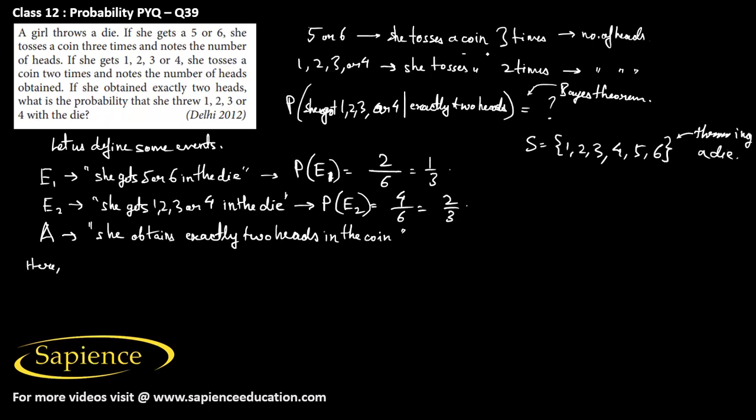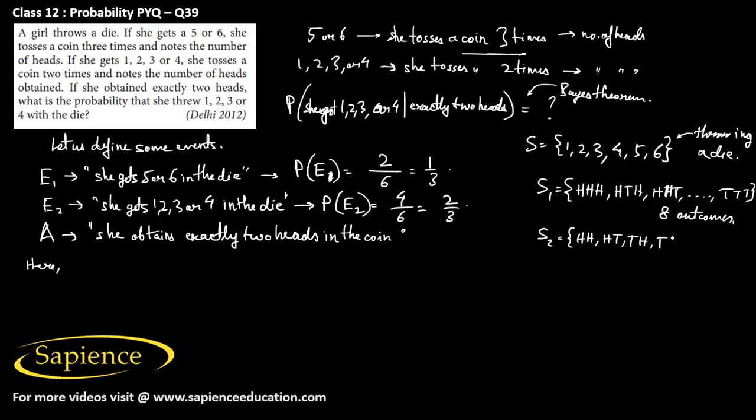When she tosses a coin 3 times, the sample space S1 would be head, head, head, then head, head, tail, and like this it will go on till all 3 tails. So here we will get 8 outcomes. And when a coin is tossed 2 times, the sample space S2 will be head head, head tail, tail head, and tail tail. So here there will be 4 outcomes.